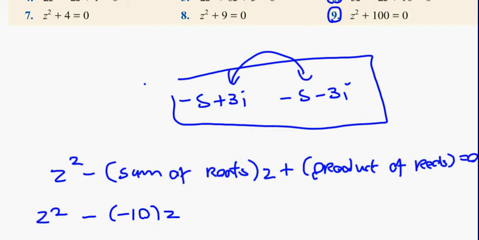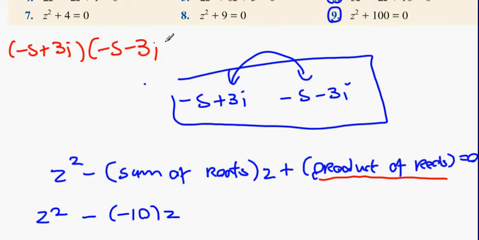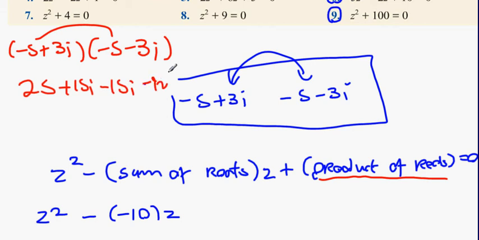Now we're going to do the product of the roots, which means you multiply them. So you're going to get minus 5 plus 3i times minus 5 minus 3i. When you multiply these out, you're going to get 25, plus 15i minus 15i, and then minus 9i squared, which is plus 9.